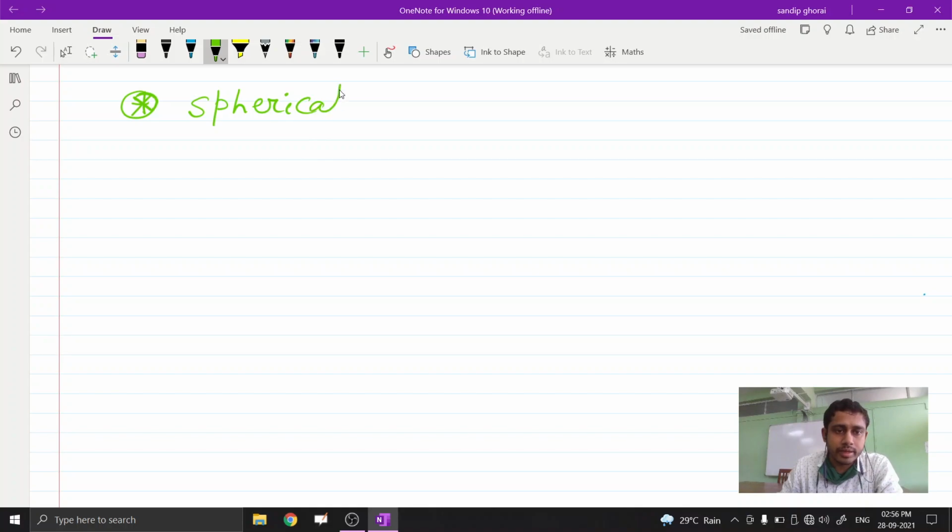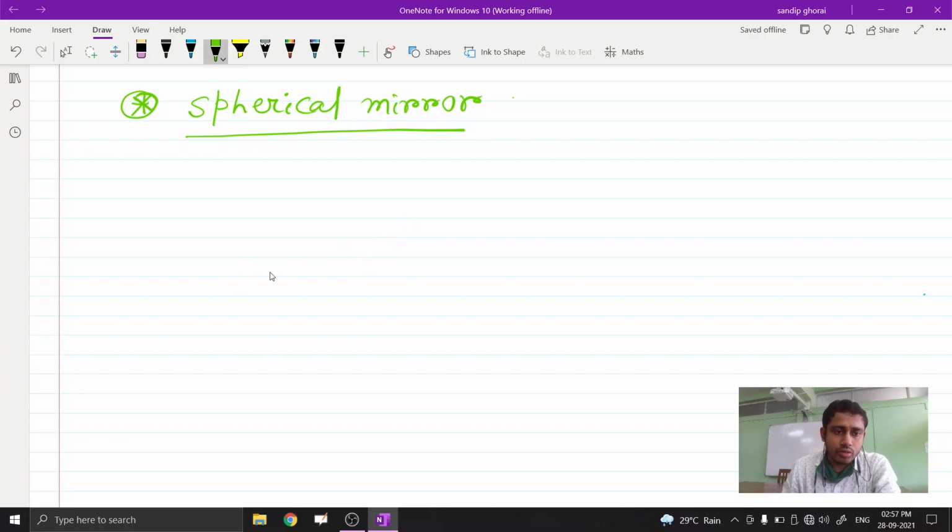What is the definition of a spherical mirror? A spherical mirror is a type of mirror whose shape is spherical, that means it is cut from a hollow sphere.